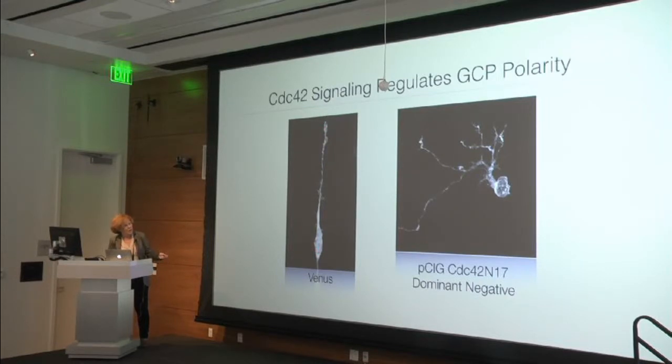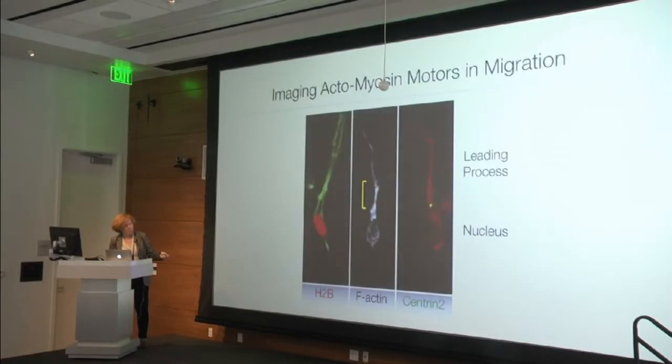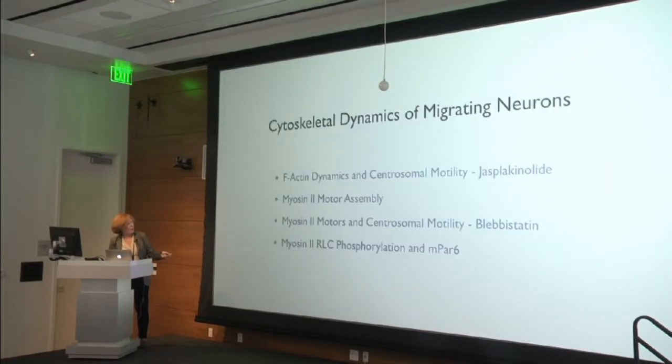If you use a dominant negative or an shRNA or genetic techniques, you get this bad hair day looking cell where it's got multiple processes, and as you might imagine, this does not migrate very efficiently. So the PAR6 complex and its upstream regulator, the Rho GTPases, are very important.